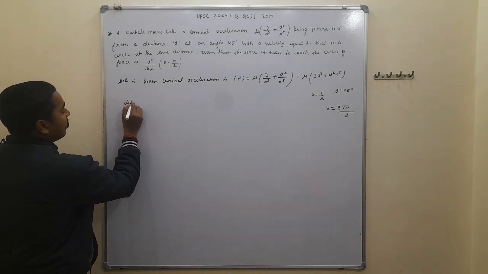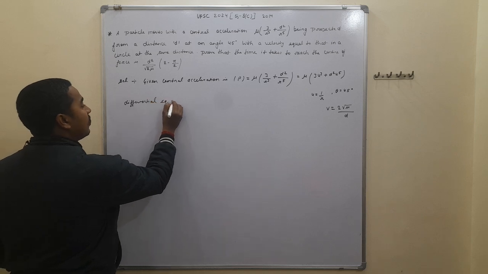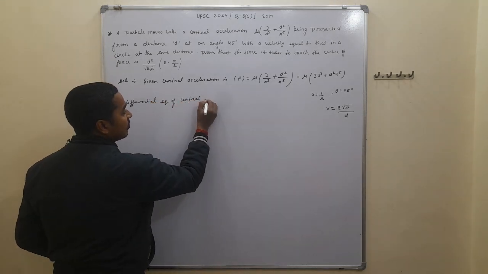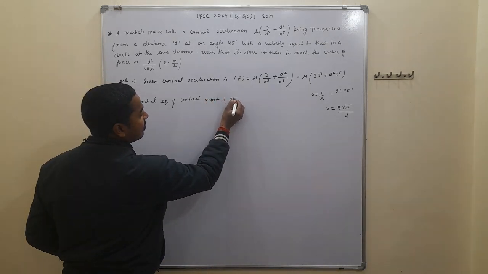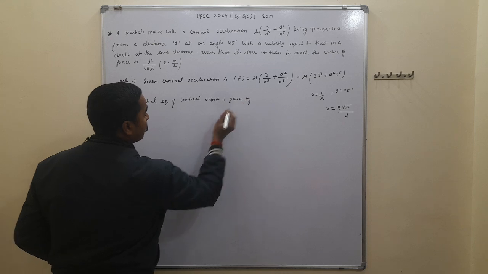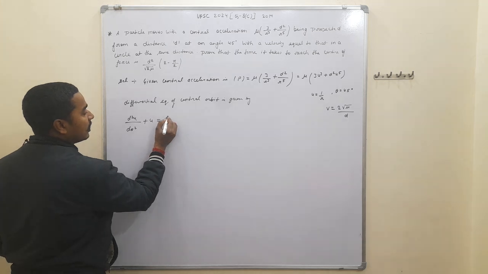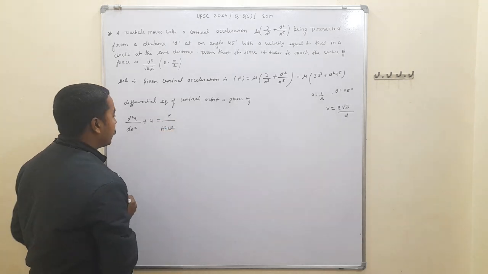The differential equation of central orbit is given by d2u upon d theta square plus u is equal to P upon h square u square.